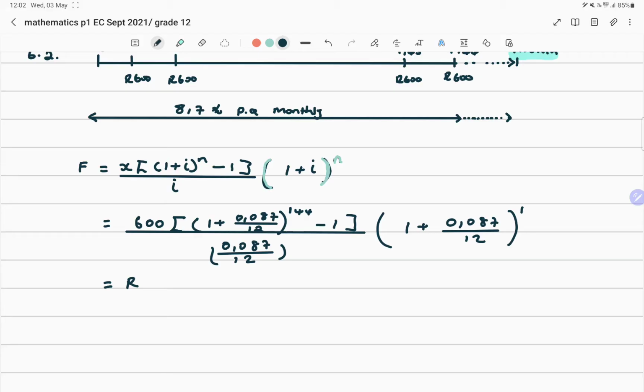Sometimes it may cry, sometimes it may not, but what I'm getting here is 152,536 rands 13 cents, to two decimal places. This is the amount of money that this mister is going to be getting.